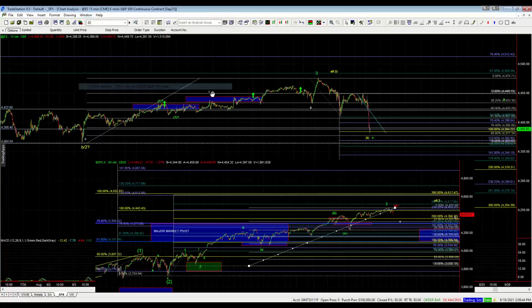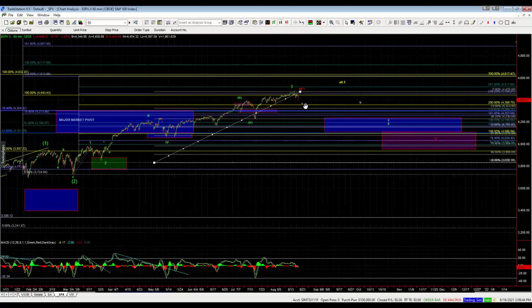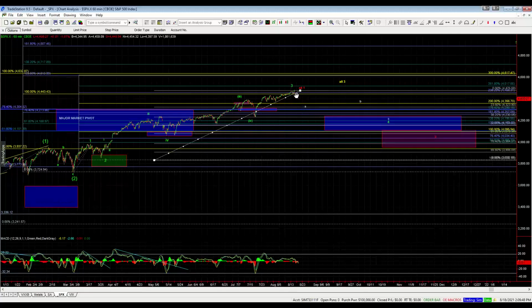It's certainly possible that whatever this bottom is right here, this is just a wave A of an A. So it could be A and then A, B, C for the A wave, and then another B and then a C down, or we could just see a direct path down for that. A could have already happened here, A, B, and then C, or A could bottom here and B, and then a sharp C down.